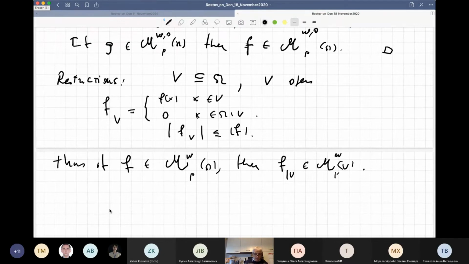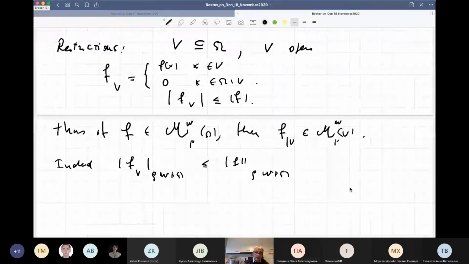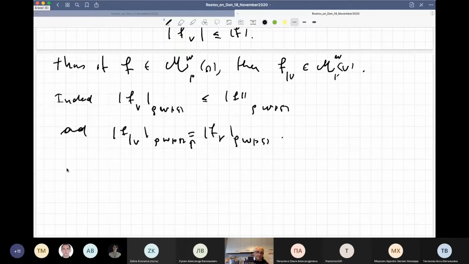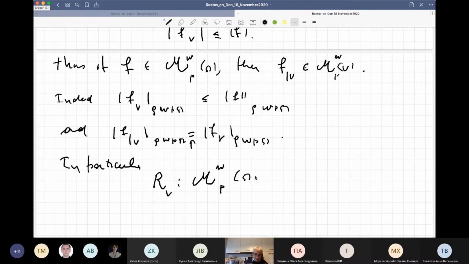Because indeed, the norm of f restricted to V in rho w p omega is less or equal than the norm of f in rho w p omega, and the norm of the restriction to V in rho w p omega is equal by definition to the norm of f over V. In particular, the restriction map to V goes from Morrey to Morrey and is linear continuous.